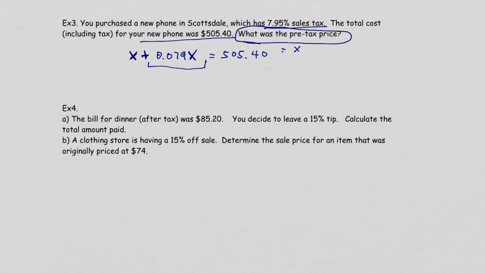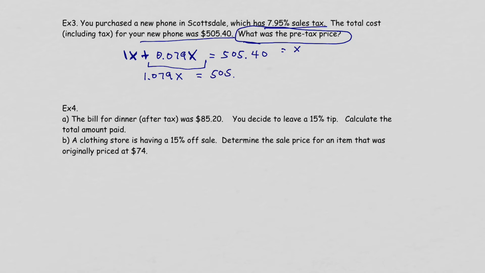This is the same thing as having 1 in front of x. So you're doing 1 plus 0.0795, you get 1.0795. The reason I'm doing that is so that you can make it 1x, a single x variable.